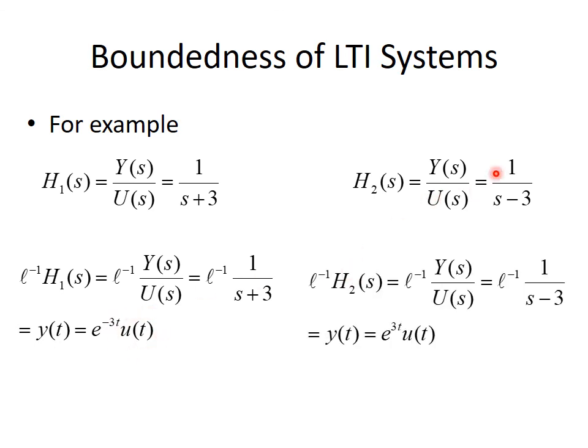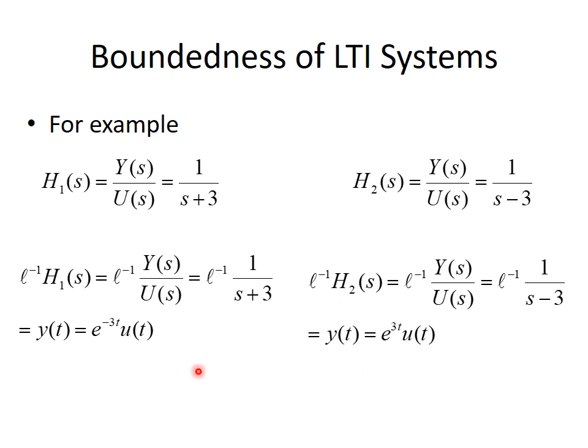Similarly, the inverse Laplace of this, 1 upon s minus 3, is an increasing exponential when a unit step is applied as an input. So unit step is a bounded input.